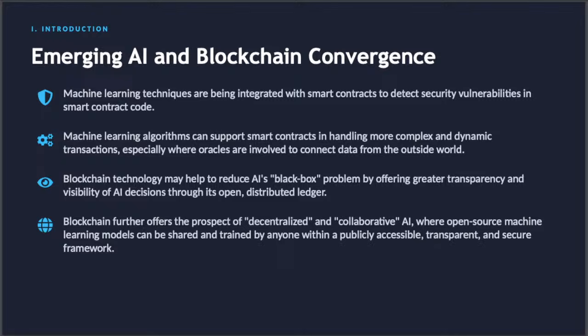All right, so we look at these machine learning algorithms that support the contracts in handling more complex, dynamic transactions where the oracles are involved that connect data from the outside world. Oracles, or blockchain oracles, as they call them, exist to transfer information from the real world, what they call the Internet of Things.